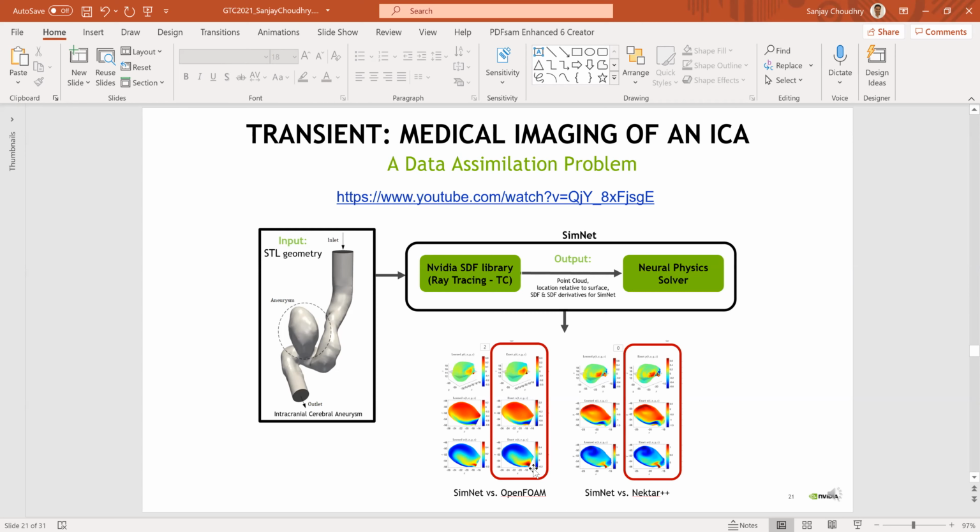And we went to Nektar++, which is a spectral element-based higher order scheme, and that gives us much better comparison. And this kind of shows that solvers also can disagree and give different results, which basically means that you cannot call a solver a ground truth either.